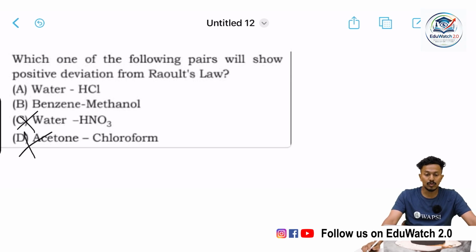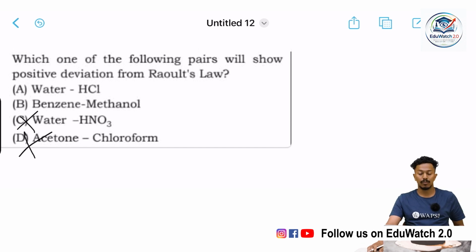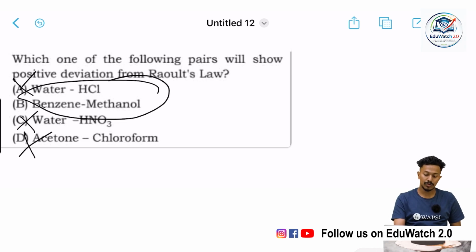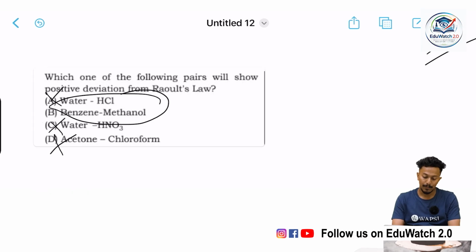We could exclude also water and HCl because both nitric acid and HCl have a stronger bond with water. So the correct option would be benzene and methanol. This shows the positive deviation of Raoult's law. So option B is the correct answer.